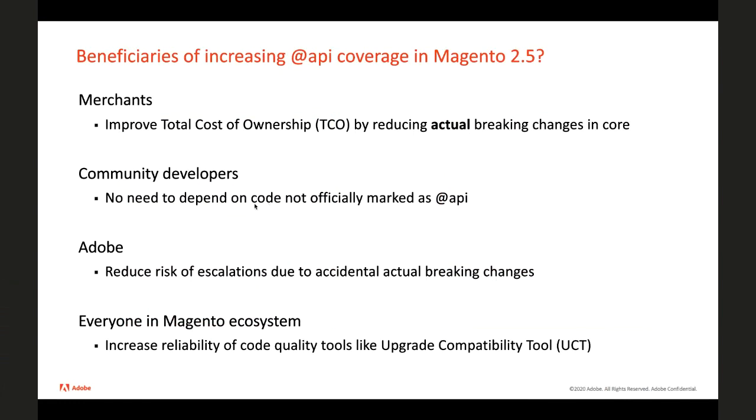Another benefit would be for community developers, obviously, because they will not have to depend on code which is not officially marked as API. This will lead to satisfaction from developers' perspective, and it will be easier for them to maintain and refactor the code and keep it up to date with the latest Magento releases.